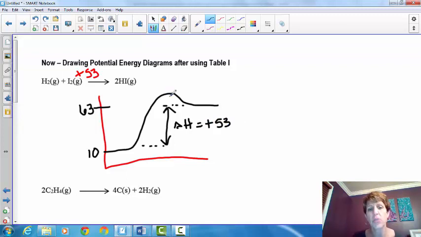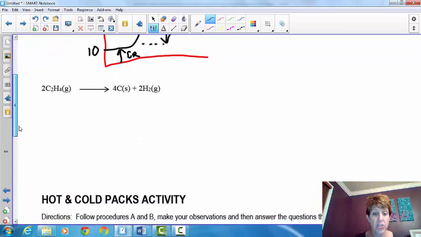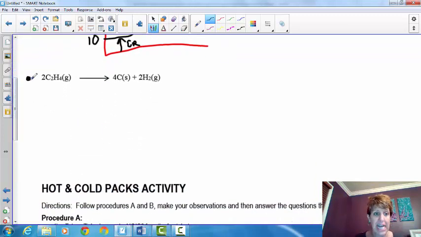I don't know what the activation energy for this is. I just know it would go higher than the actual product amount. And that's really all I need to show on there. If you want to practice, you can label away. This would be the energy of my reactants, and you can go through and label your activation energy and the energy of the products. I want you to do this next one on your own, so I'm going to put a little dot there so you come back and practice.